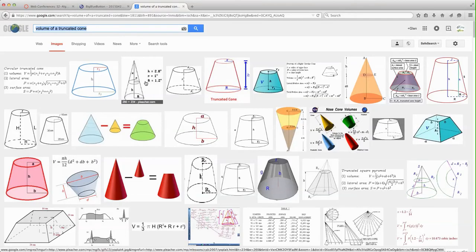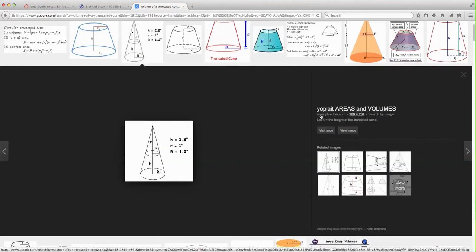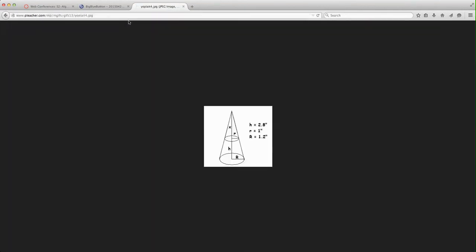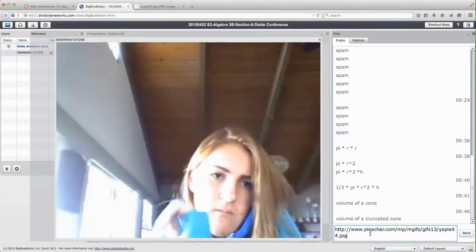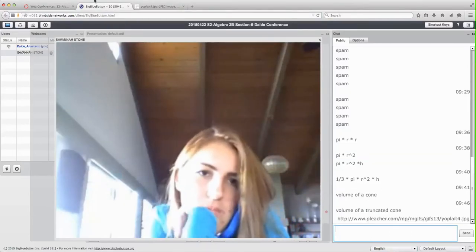Okay. And then click on the third image. In fact, I'll just copy and paste the image for you. Check that out right there. Let's look at that same picture. Do you see what I'm looking at here?